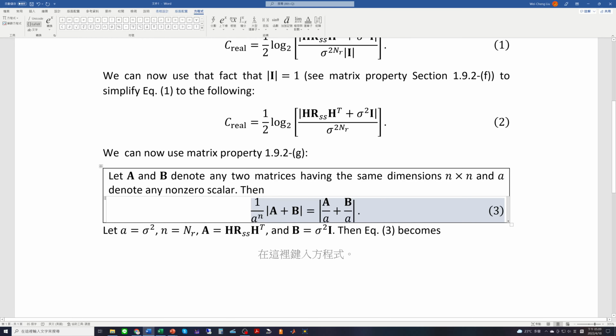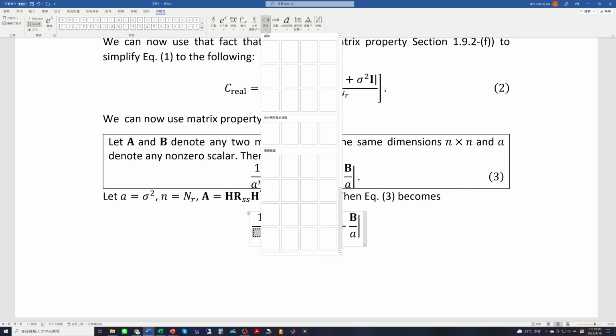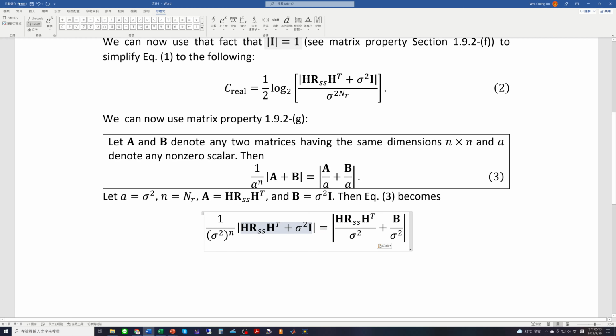So we can copy equation 3 to here, and we replace small a by sigma square here, and sigma square here, like this. And replace matrix A by this term, and the matrix B by this term.